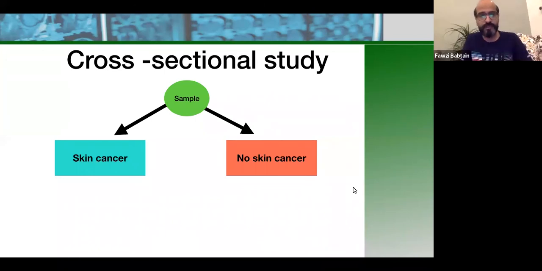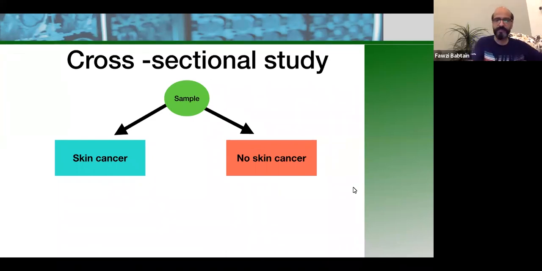And if I want to know whether they have skin cancer or not, instead of asking, sometimes people have just some skin changes and they call it skin cancer. No, I go to the medical record and I really see who had skin cancer and who never had skin cancer. So I go to all my population of interest, the sample that I'm collecting, and I objectively try my best to see who was exposed, who was unexposed, and who had the outcome and who never had it.